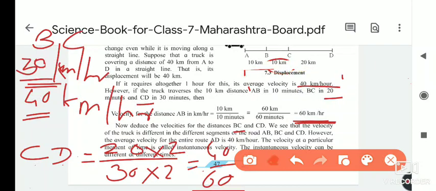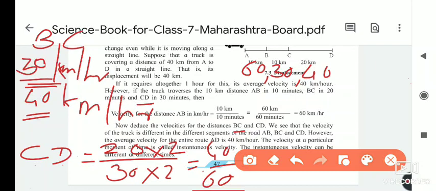First, the AB distance was covered at 60 kilometer per hour, then BC at a velocity of 30 kilometer per hour, and CD at 40 kilometer per hour. So this is how the velocity changes.